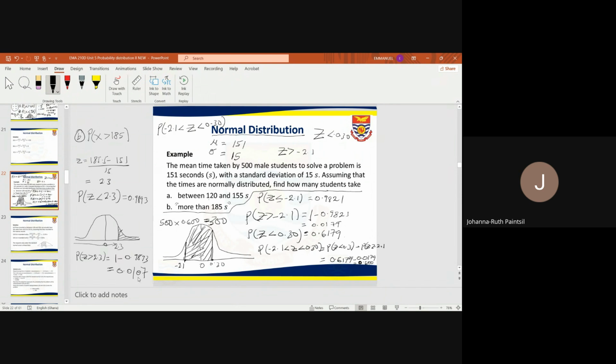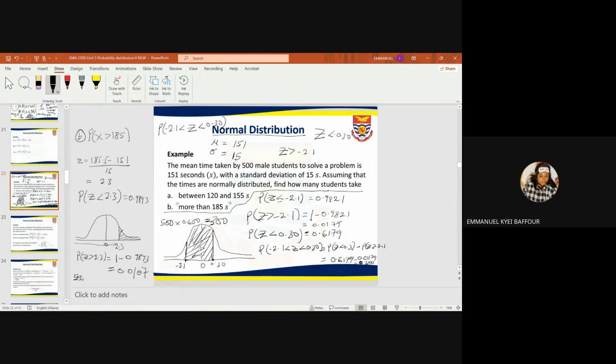Okay. So now you have this, but we were asked to find the number of students who will take more than 185 seconds to solve the problem. So the number of students is going to be 500 multiplying 0.0107. What are you getting?